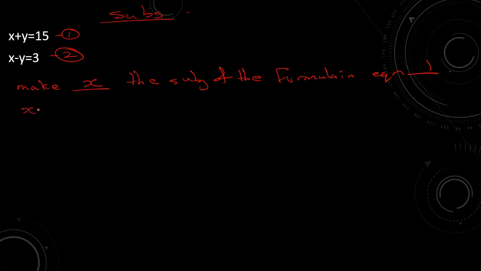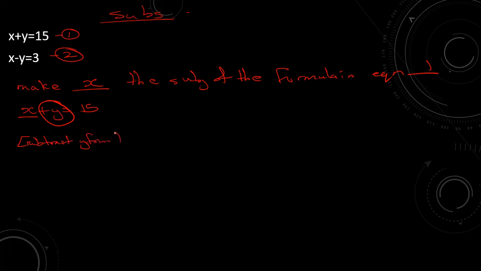So we have x plus y equals 15. I want to make x the subject of the formula, which means I'll need to take away this plus y. The opposite of addition is subtraction, so I'll subtract y from both sides.